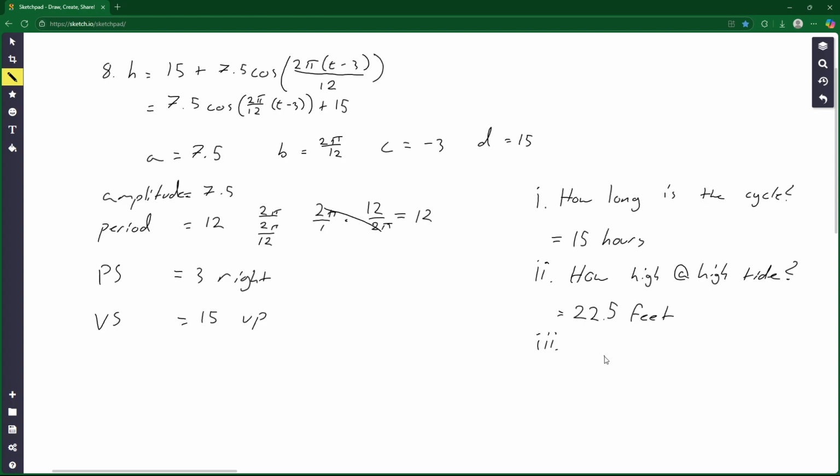And for our last one, how low at low tide.